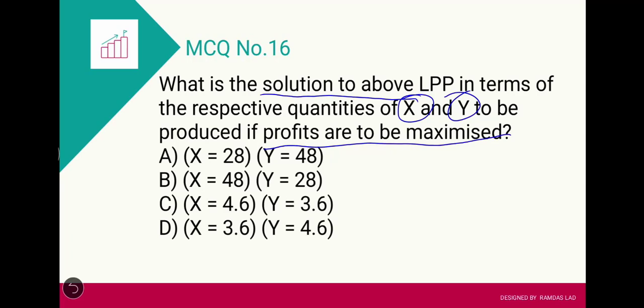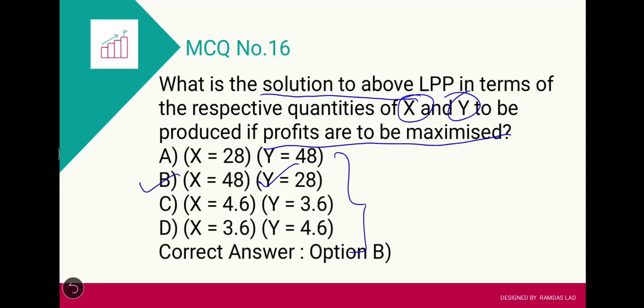You have to identify from these four options. When we solve this LPP, you get the value of x equal to 48 and the value of y equal to 28. So for this question, the correct answer is option B: x is equal to 48 and y is equal to 28.